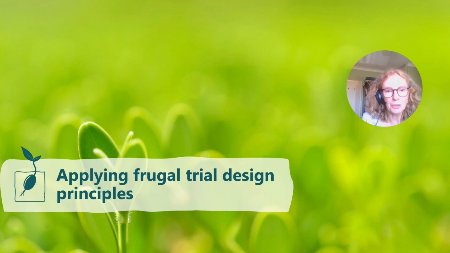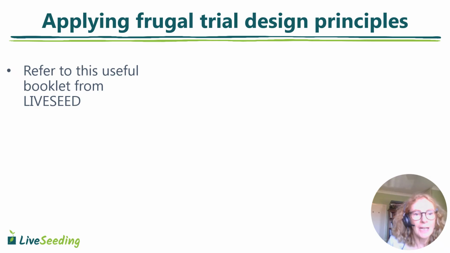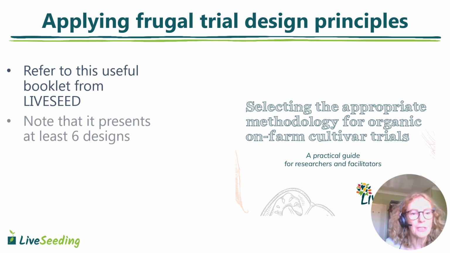So, applying frugal trial design principles. First of all, as I said, refer to this useful booklet from Live Seed: selecting the appropriate methodology for organic on-farm cultivar trials. It's got a lot of detail in it, and we're going to go through some of the information in it today. But if you download that and have that handy, it's really a useful reference for you.